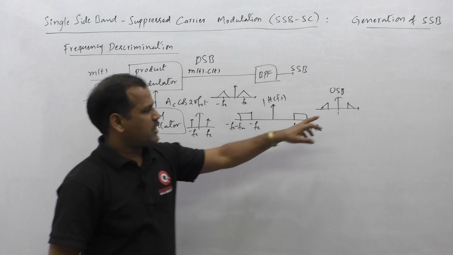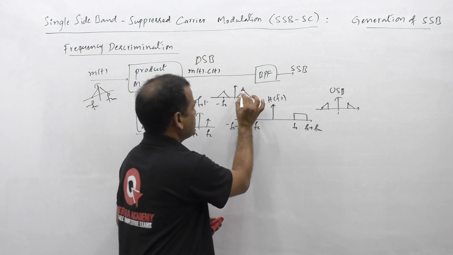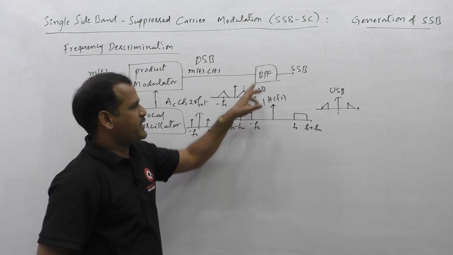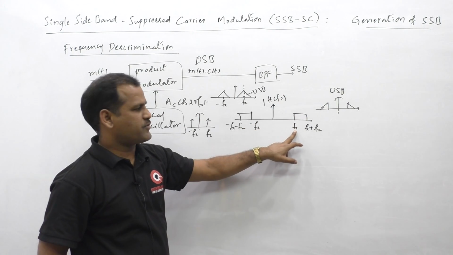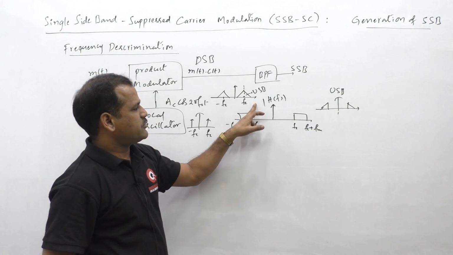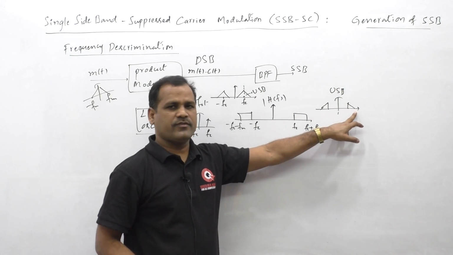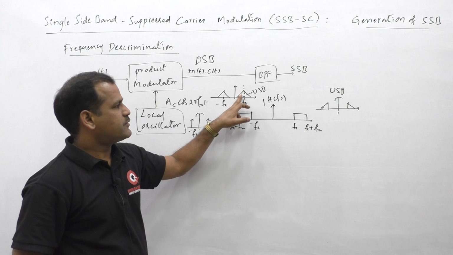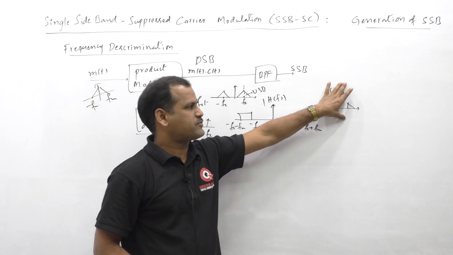Observe that only one sideband is present at the output of this generator, only the upper sideband, because the band pass filter pass band starts from fc to fc plus fm. This upper sideband is allowed to the output of the band pass filter. It attenuates the unwanted lower sideband from this DSB, so that we get one sideband at the output of the band pass filter like this.